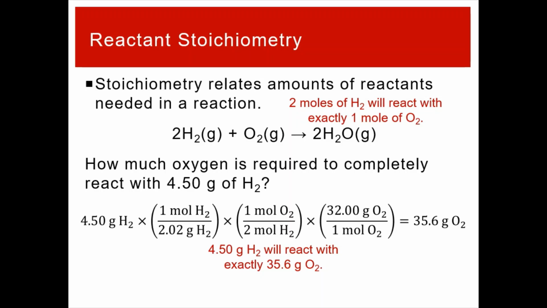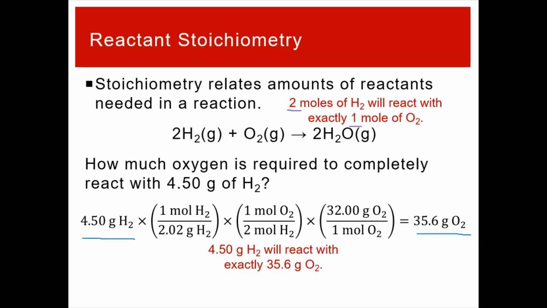So this mass-based representation that we get from stoichiometry is giving us the same information. It's telling us this perfect ratio. We know that previously it was for every 2 moles of H2, you would need 1 mole of O2. And what we can see here is that if you have 4.5 grams of hydrogen, the perfect amount of oxygen is 35.6 grams of oxygen, right?